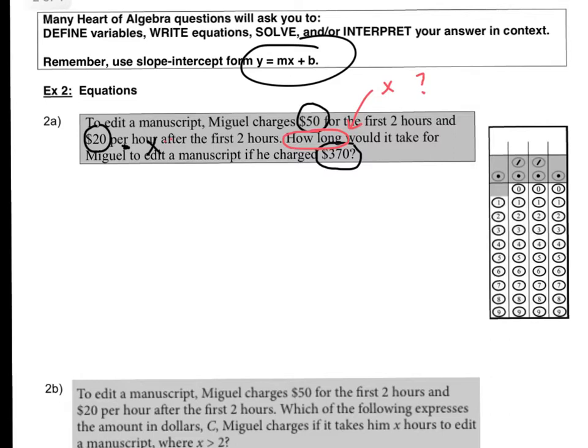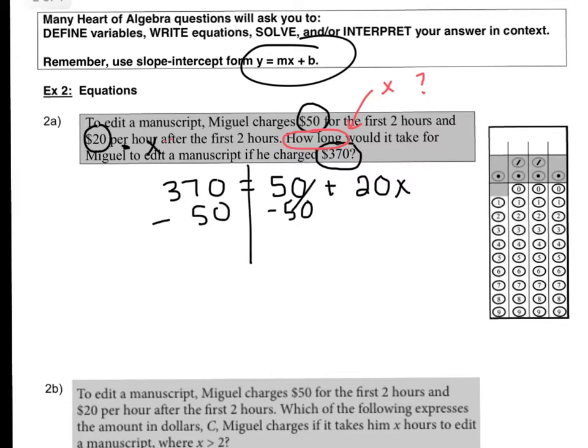So this whole thing equals $370. We know he charged $50 and that he charged $20 for every hour after that. So let's go ahead and solve this for x. Let's get rid of the 50, which leaves us with 320 equals 20x. When we divide both sides by 20, we get 16.